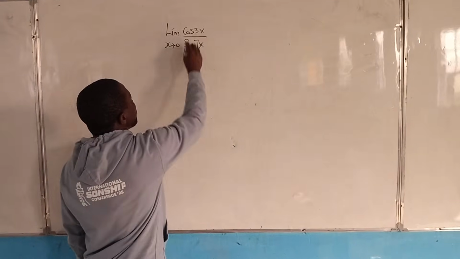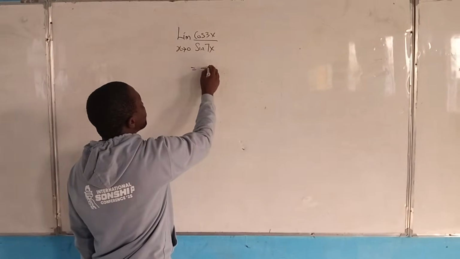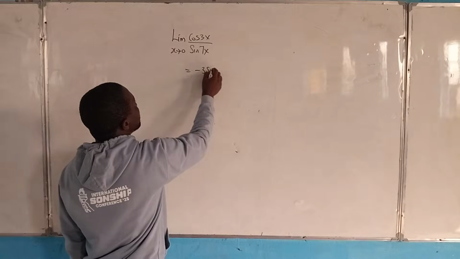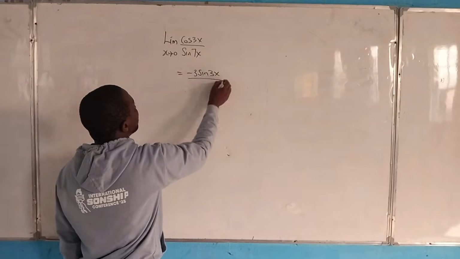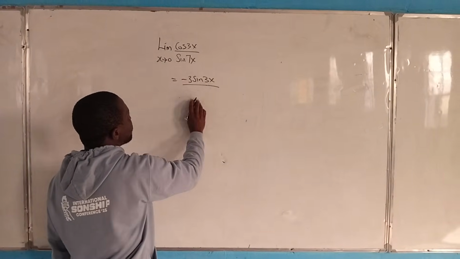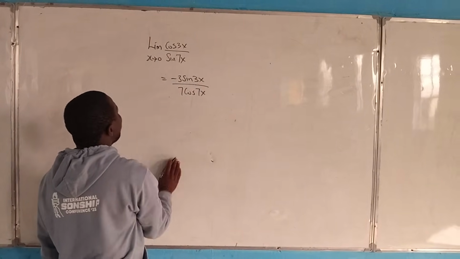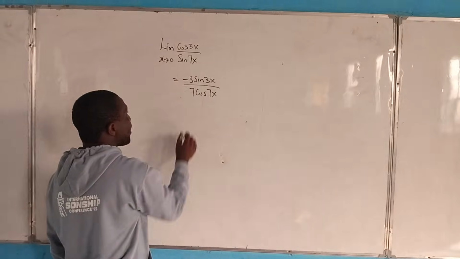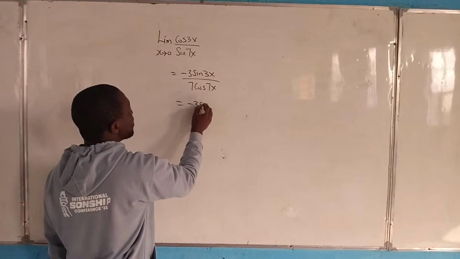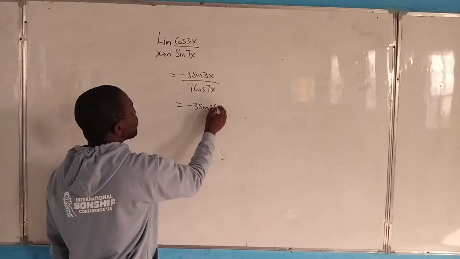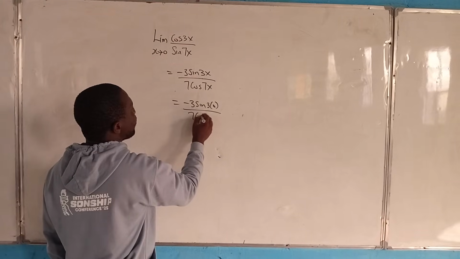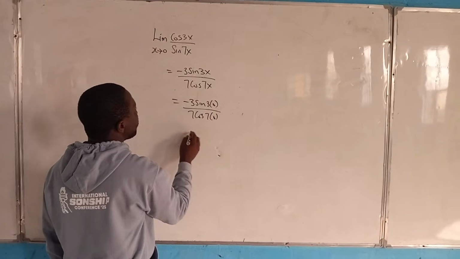Now, when we differentiate cos 3x, we are going to get minus 3 sin 3x. We differentiate sin 7x, you have 7 cos 7x. Then you substitute in the value of x, we now have minus 3 sin 3 into 0 over 7 cos 7 into 0.